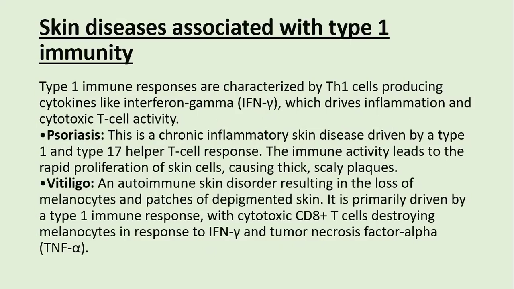Now, I would like to highlight certain skin diseases which belong to a particular limb of immunity. So, first of all, the skin diseases that are associated with type 1 immunity. Type 1 immunity, as you all know, is characterized by Th1 cells producing interferon gamma and tumor necrosis factor alpha, and drives inflammation and cytotoxic T cell activity. So the first and foremost disease which belongs to the type 1 limb of immunity is psoriasis.